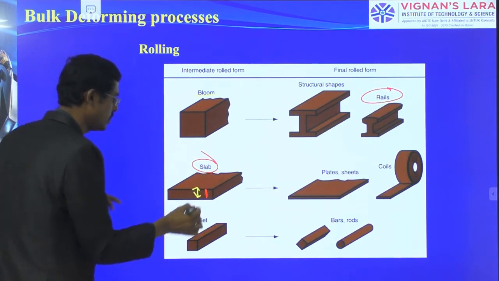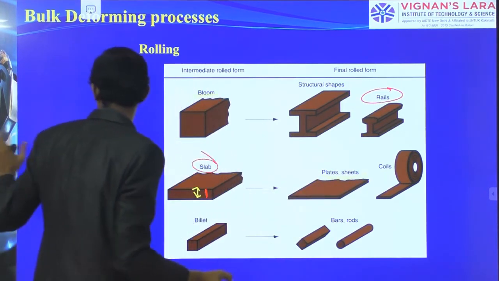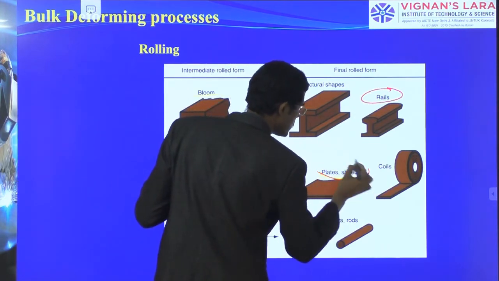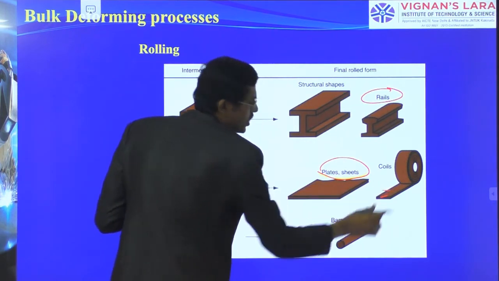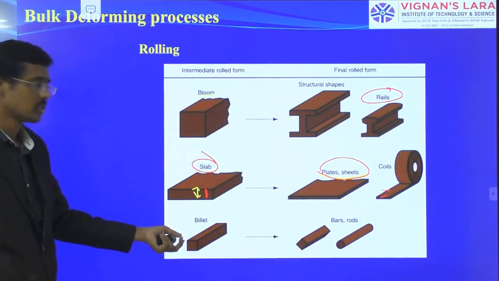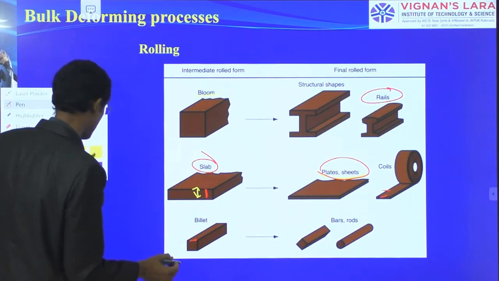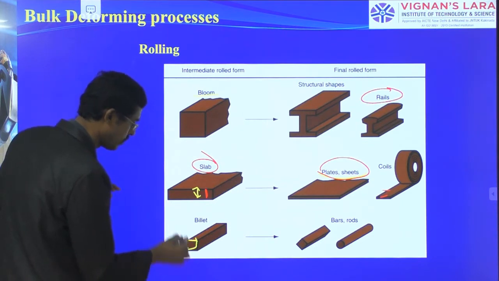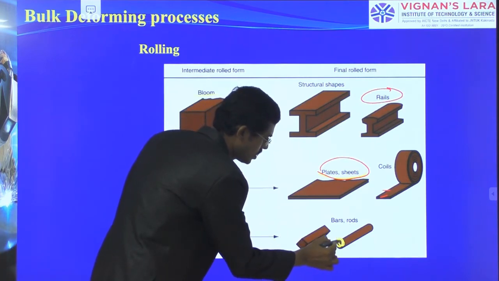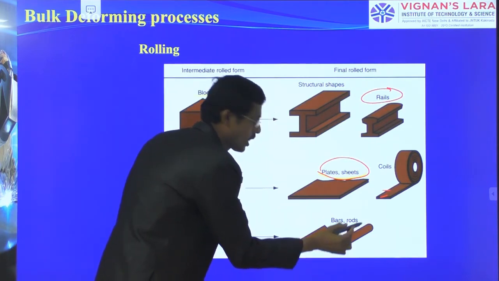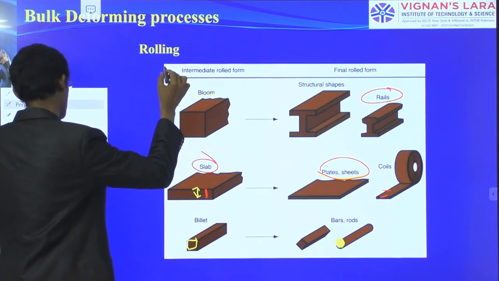The slab I have converted into plates and sheets, from high thickness to low thickness, and coils. Otherwise, I have taken a small rectangular billet and converted it into bars and rods. Such conversions can be performed by rolling operations.